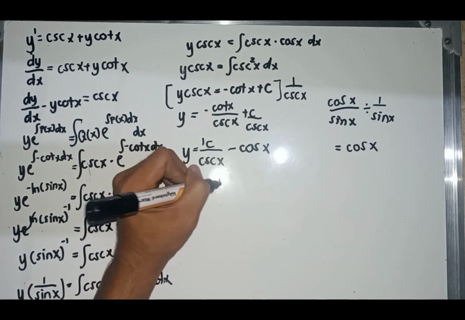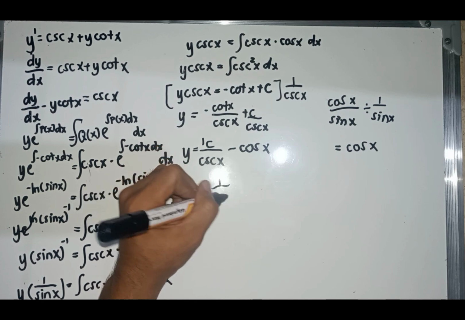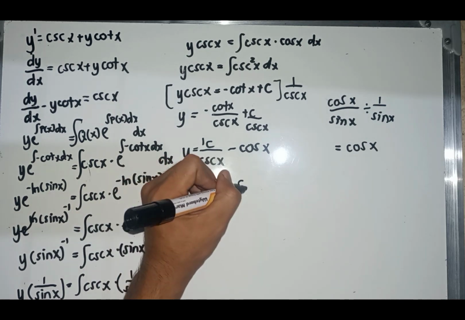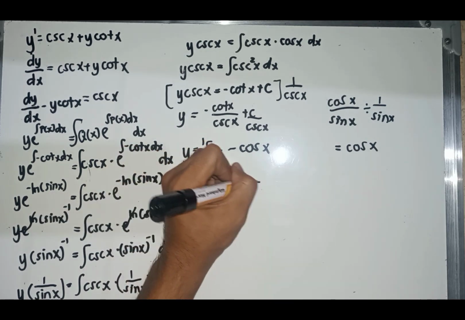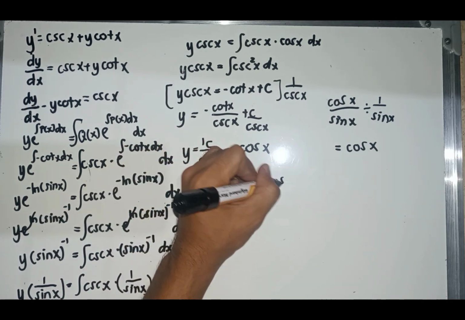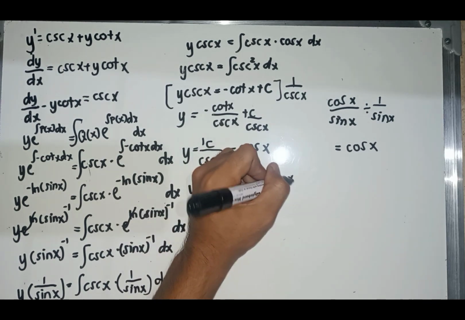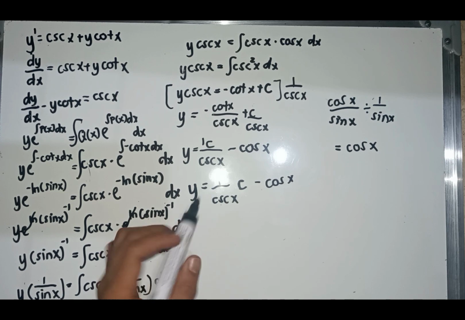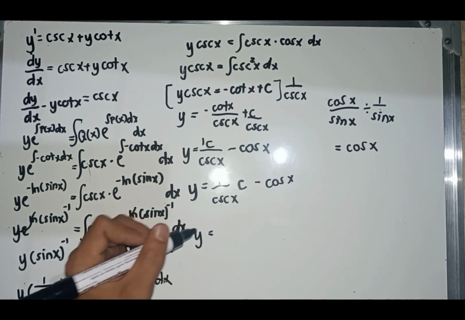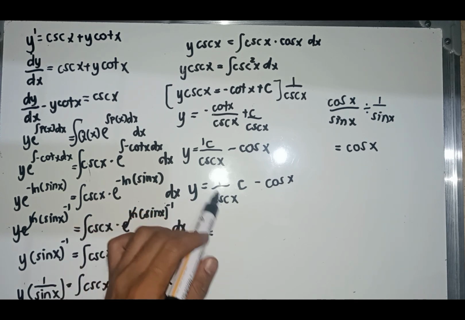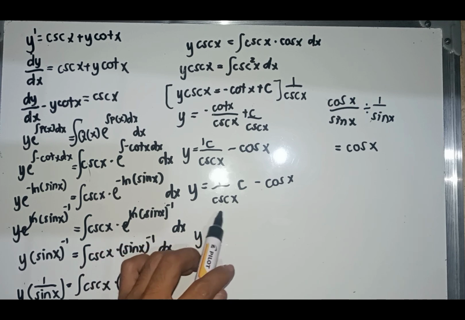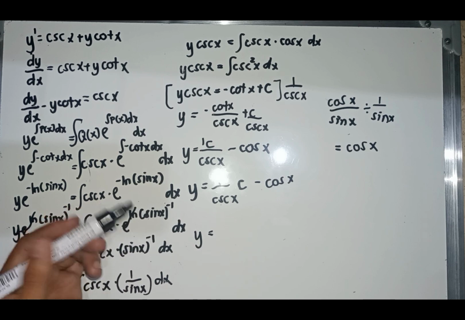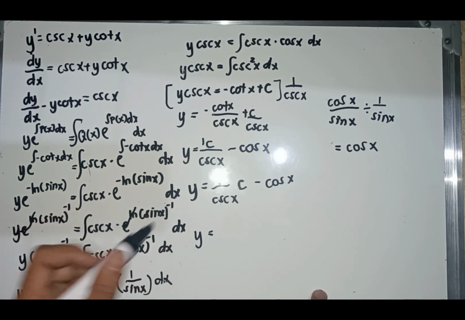This becomes 1 over cosecant of x times c, the constant, minus cosine of x. We know that 1 over cosecant of x is the identity of sine x.